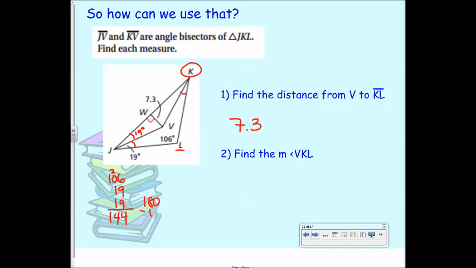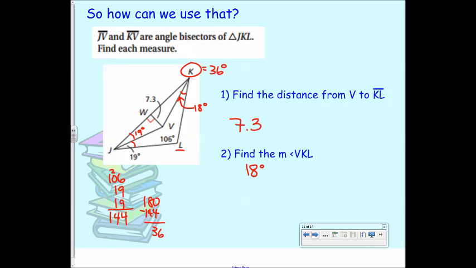And this little piece is what part of K? Half. So what would this have to be? 18. So that one is 18. With these, the biggest thing is to make sure you know what angle they're asking you for. So we got 7.3 because it's the same side.